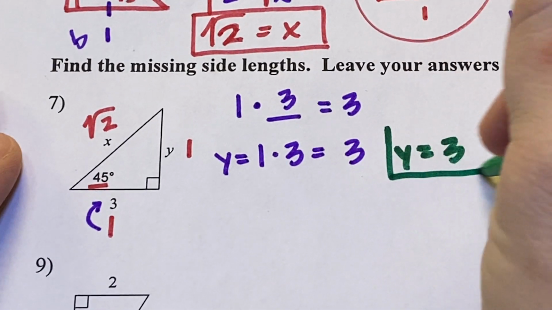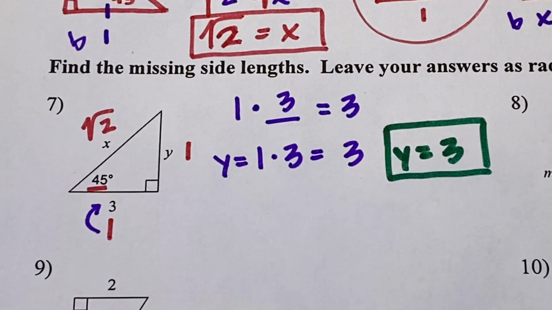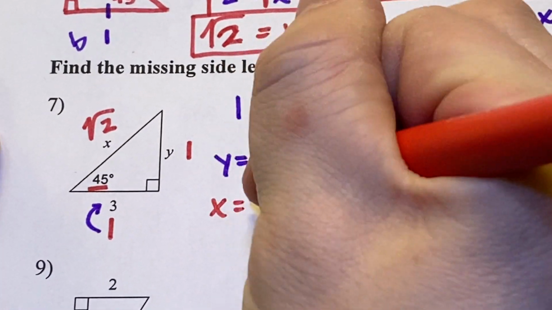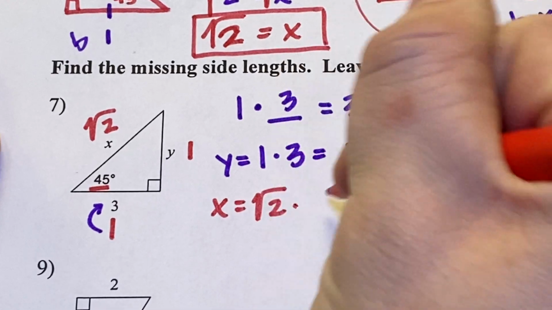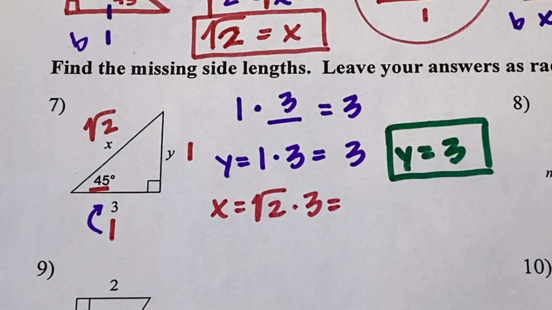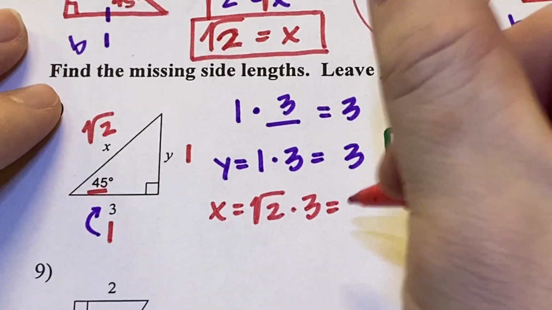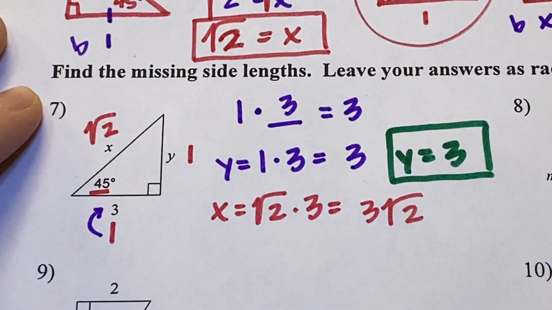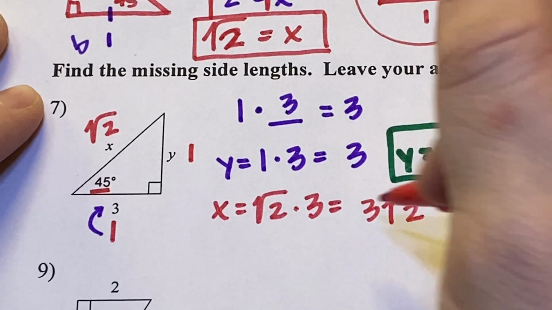Y equals 3. Now here's where you might get a little freaked out, but don't overthink it. My x needs to be root 2 times 3. Well, what is root 2 times 3? It's just this. The 3 goes out in front, becomes 3 root 2.